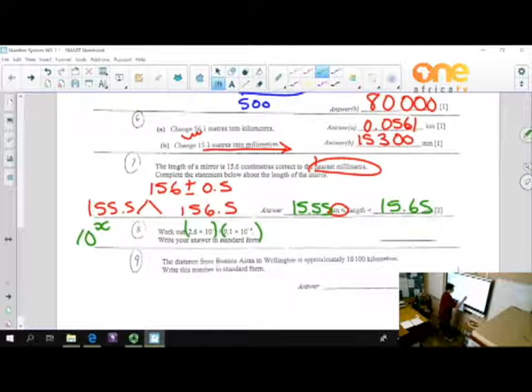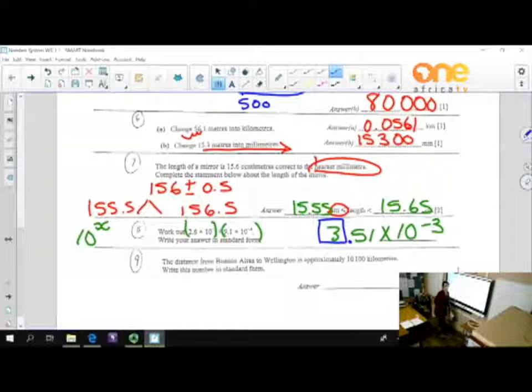So I got 3.51 times 10 to the power of negative 3. It's a decimal answer, so that's why it's 10 to the power of negative 3. Remember, standard form means only one digit, only one number in front of that point.